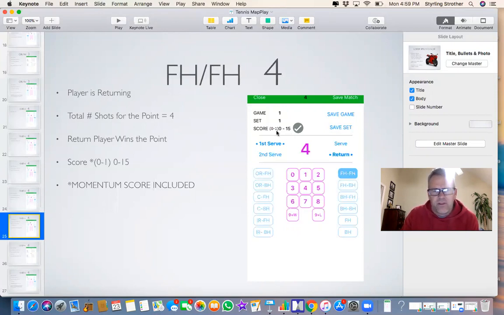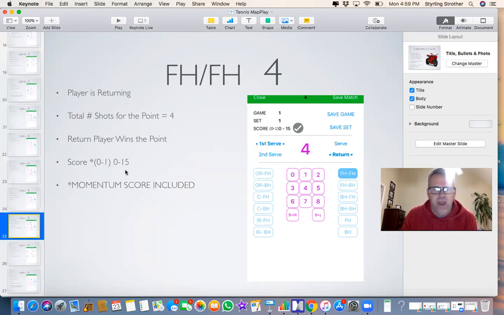The other way we could do it is go MS score or M score and G score, but I'm thinking if we can just do it this way, parentheses 0, 1, 0, 15, the first score would be momentum score, the second score is the game score. So that's kind of how it would look.